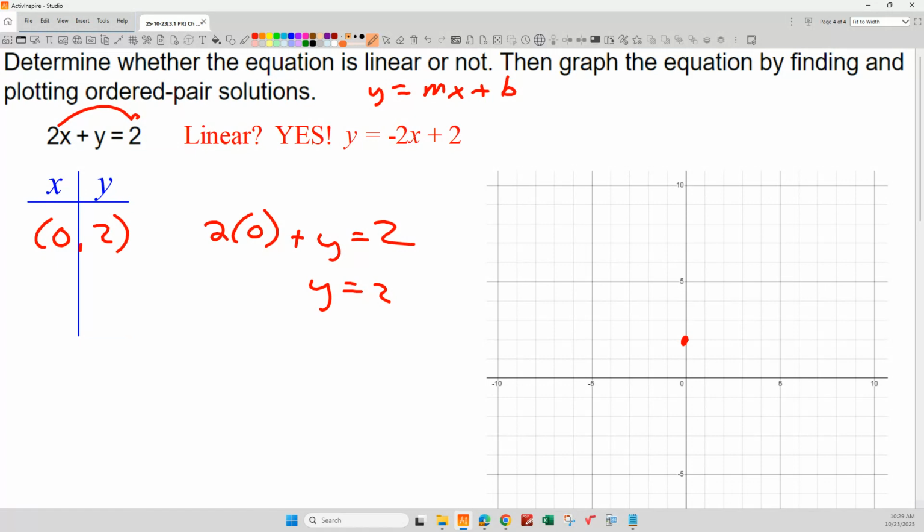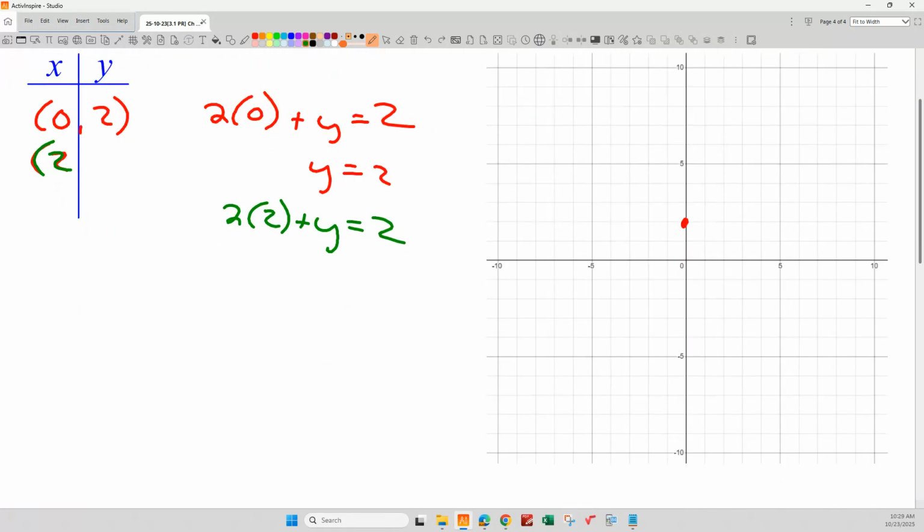What if I pick x equals 2? Okay, if I plug 2 in, I'm going to make this one green so we can distinguish it. So then if I plug in x equals 2, that gives me 2 times 2 plus y equals 2. Let's solve that for y. That's a piece of cake. What's 2 times 2? 4.